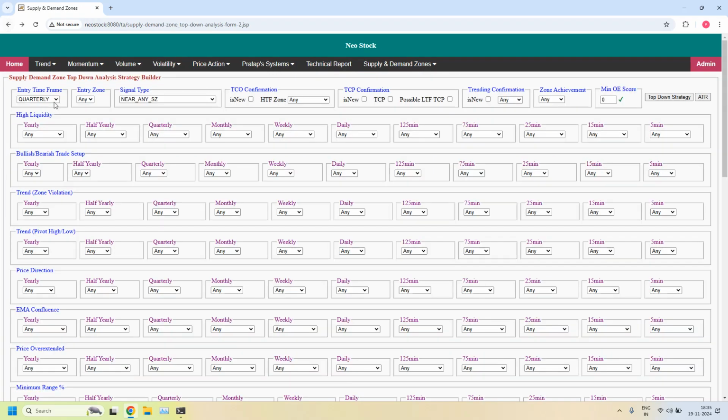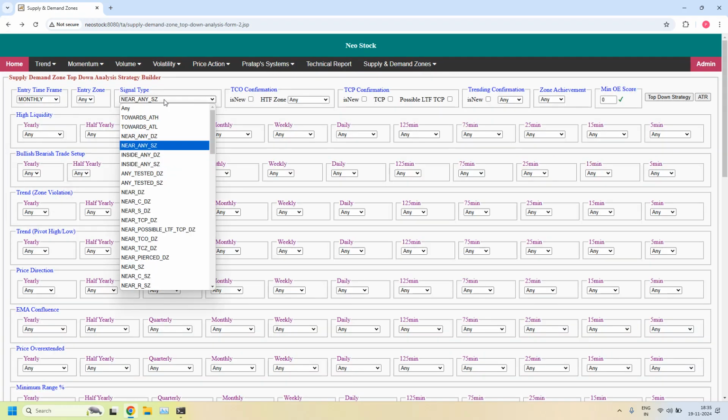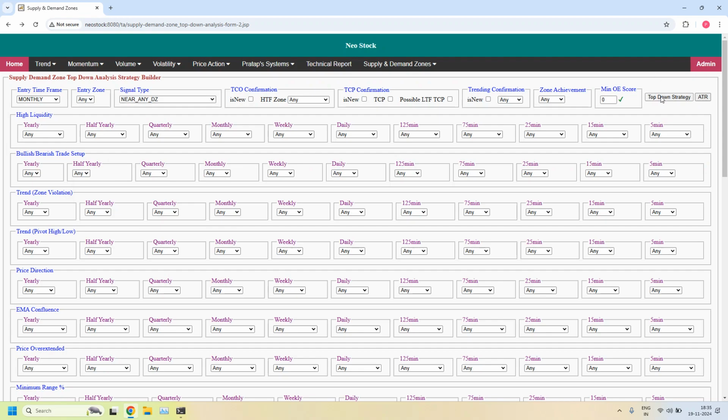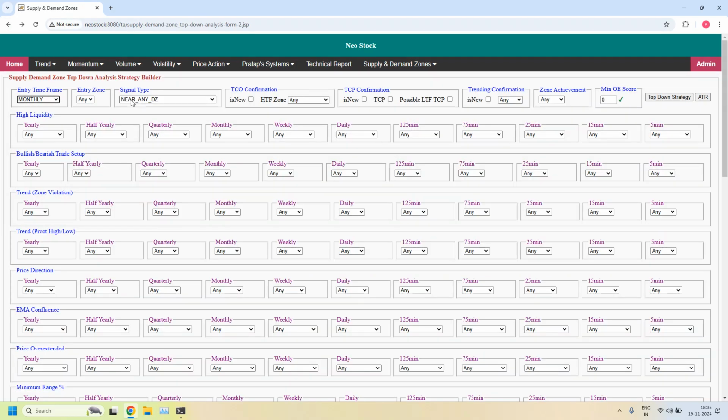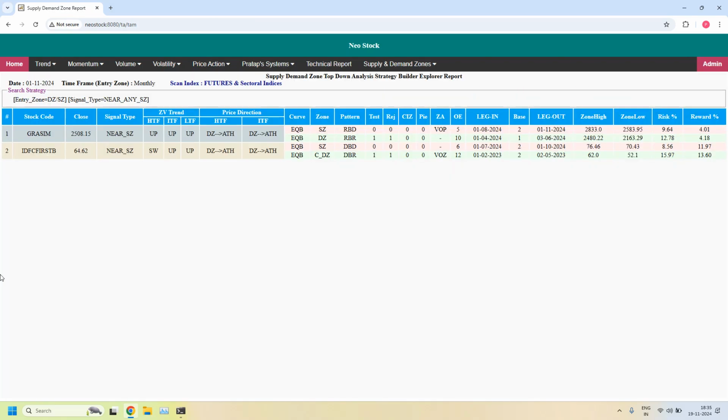Next time frame is monthly, stocks near monthly demand zone. 9 stocks are filtered. Next, monthly time frame, stocks near monthly supply zone. 2 stocks we got.